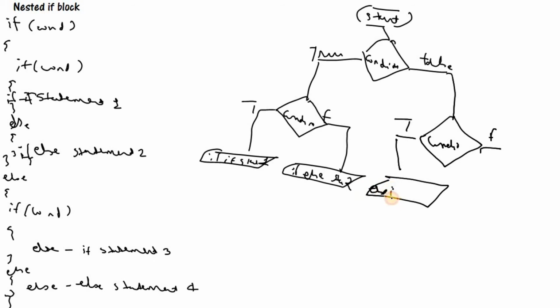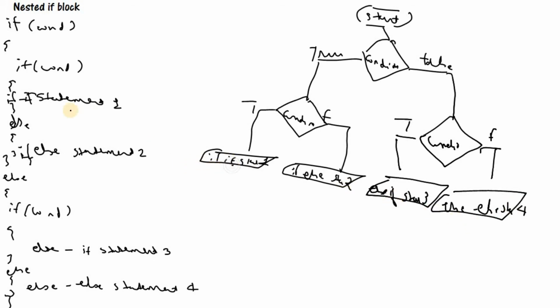And if the condition is false, here the outer condition's else, then it goes to else statement 4.